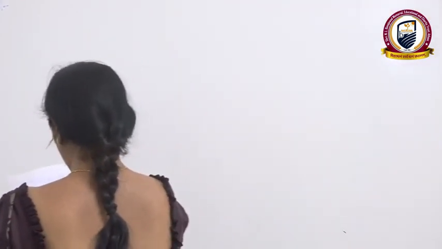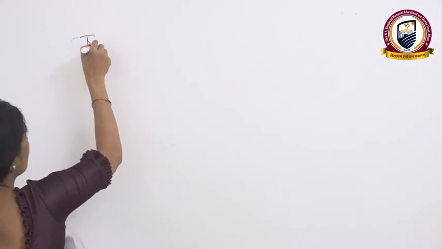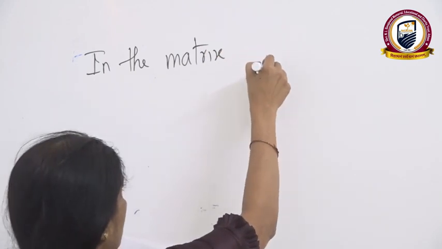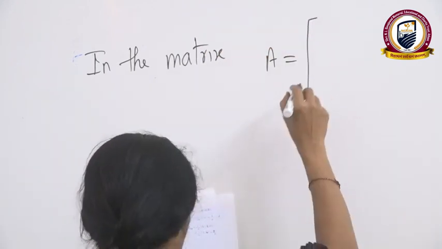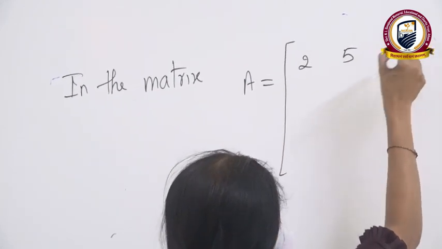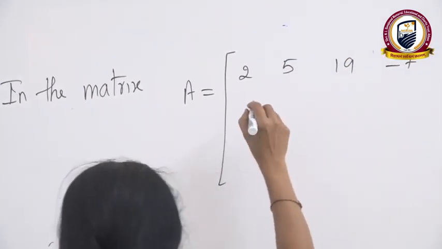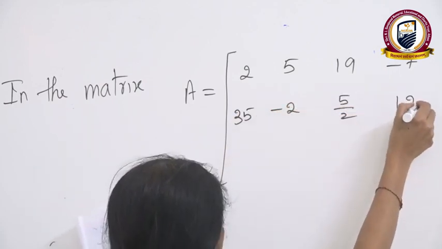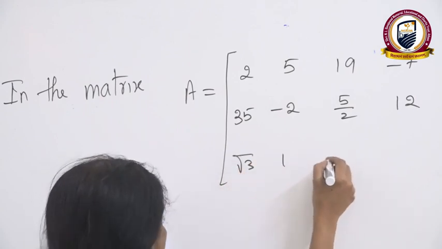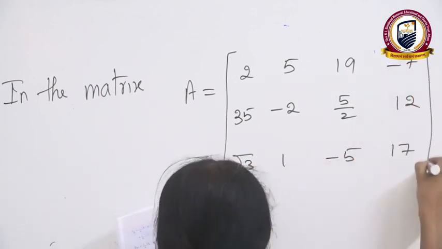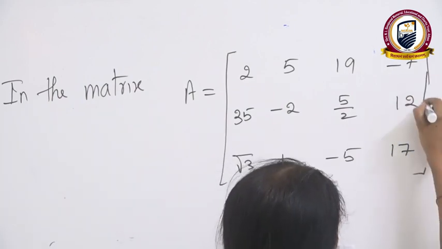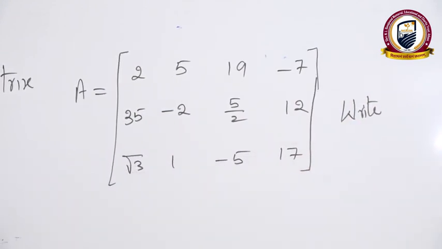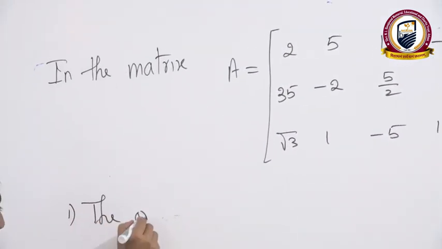Next example. In the matrix A is equal to, this is the matrix given for you. Then with the help of this matrix, the question is like this. First one, the order of the matrix.